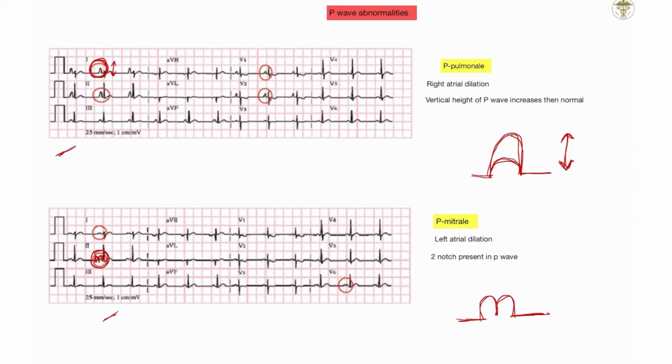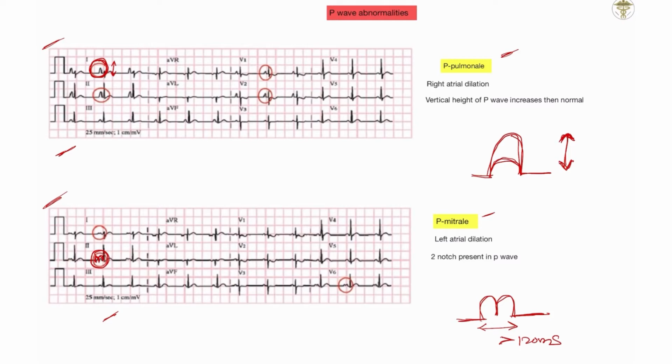You all know the normal time interval of the P wave is 120 milliseconds, but in these cases it is greater than 120 milliseconds. In P pulmonale the vertical height increases, but in P mitrale the time interval increases, meaning a two notch like appearance occurs in the ECG. So this is the difference between P pulmonale and P mitrale ECG.